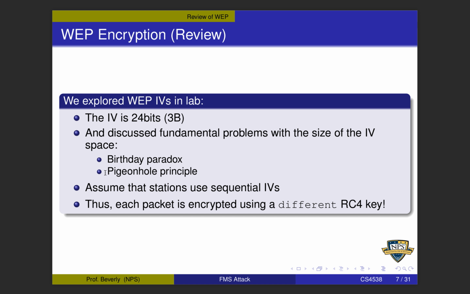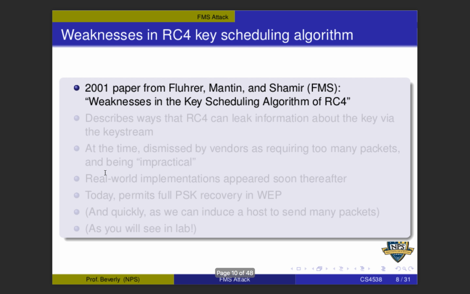The point here is that each packet is encrypted using a different RC4 key. The IV changes for every packet, thus the key for RC4 changes for every packet. This is not to say that the pre-shared key changes, but instead the RC4 key changes.